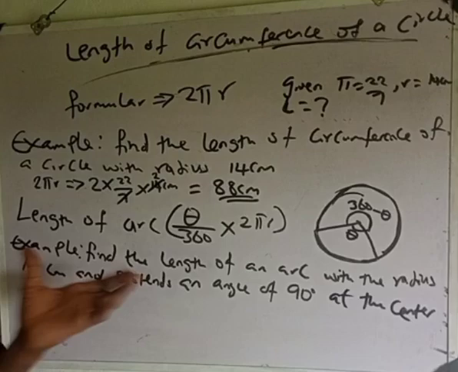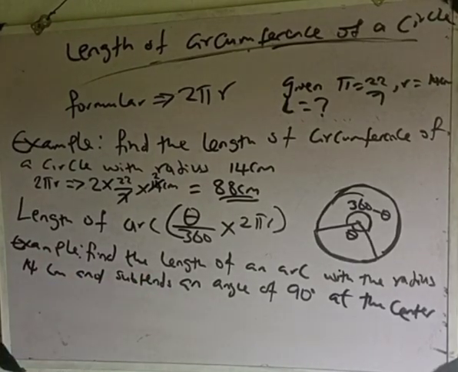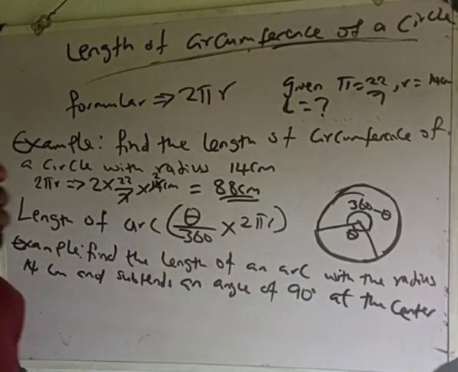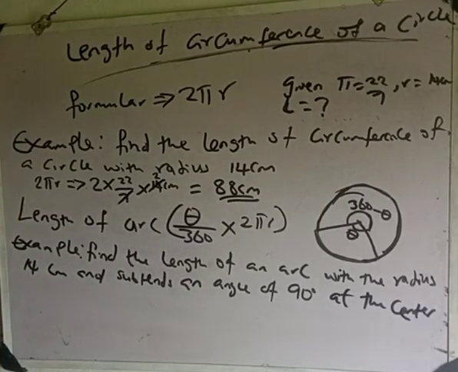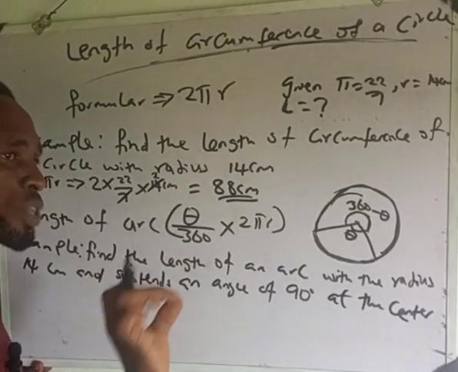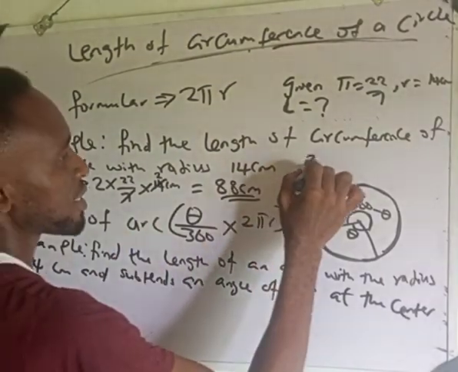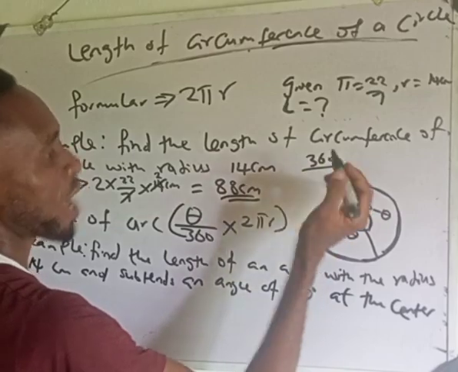Now, if we want to check for the length of an arc, this is how we go about it. Remember, the formula for the length of the circumference of a circle is 2 pi r. Why we have 2 pi r is because the angle within a circle is 360 over 360.